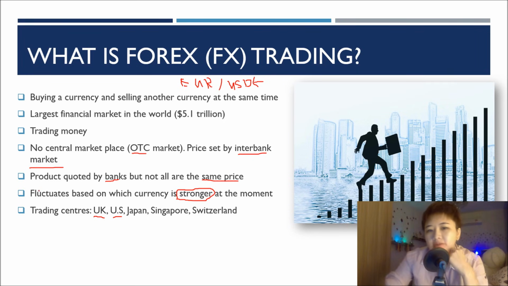And with trading being more concentrated on specifically London and New York, this is really important because later on in the trading sessions, you are going to know when to trade and when not to trade. And a lot of people ask, okay, what's this interbank market? Basically, it is a place where trading takes place in between brokers and dealers, and also liquidity providers. Okay, so this is what I mean by interbank markets.